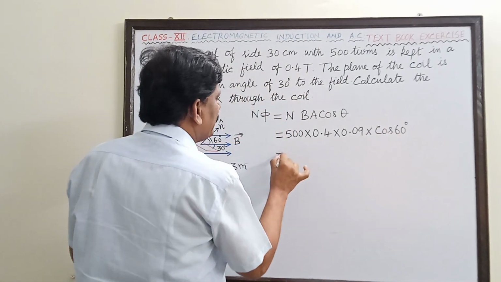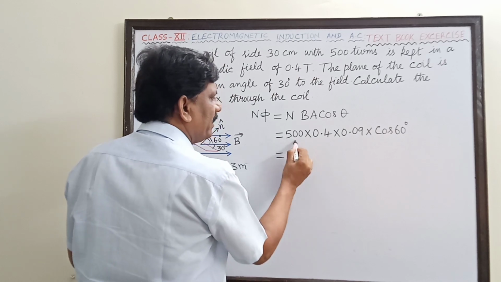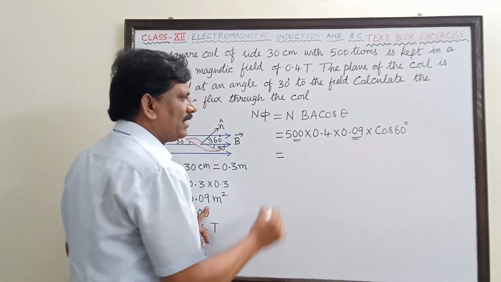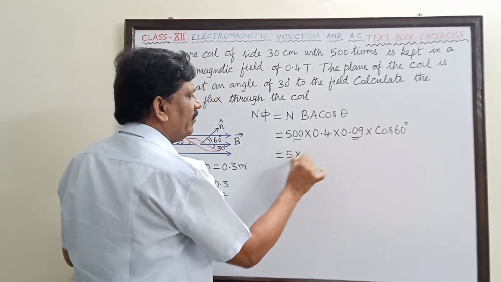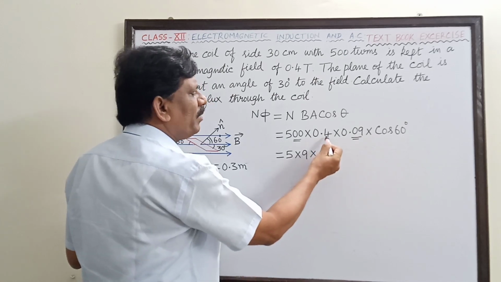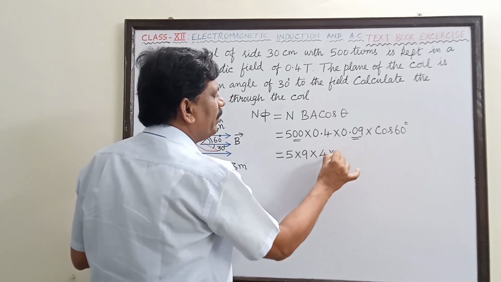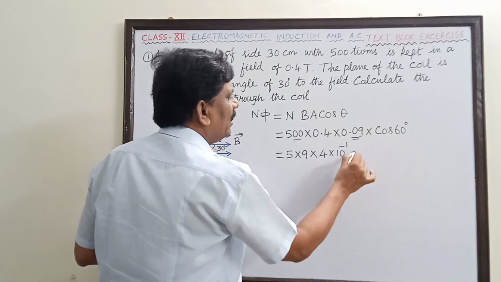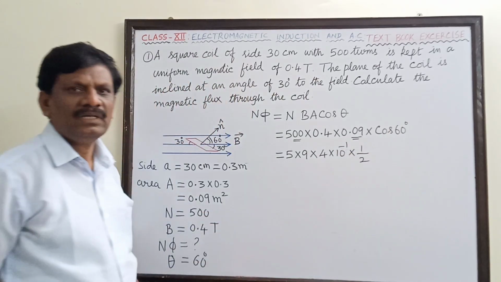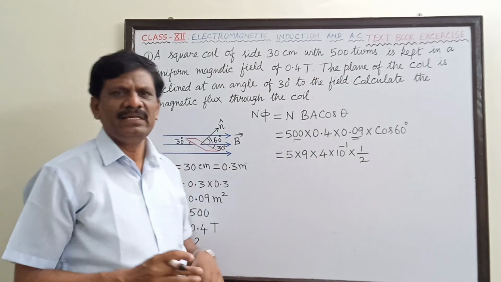So now this is equal to 500. Here 100 I can multiply with this 0.09, so that this will become 5 into 9 into, 0.4 can be written as 4 into 10 power minus 1, into cos 60 which is 1 by 2. Now mathematical steps, any way you can do.